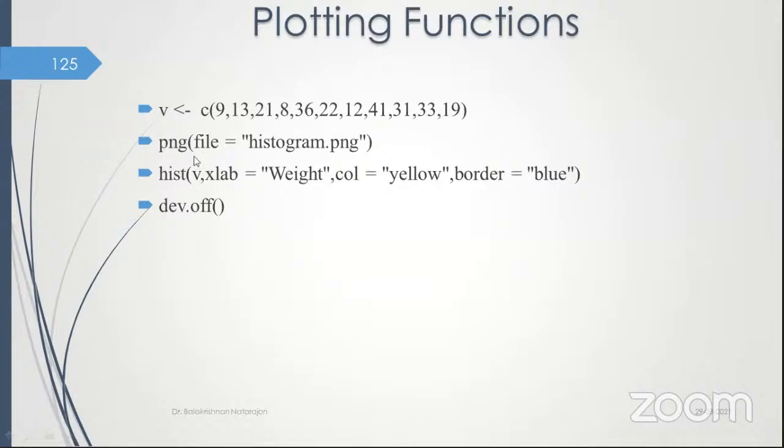I'm going to construct this histogram under the name histogram.png. So whatever I have constructed will be stored under the name histogram.png. And this one makes you confirm the construction. Upon giving this dev.off, it tells you that this particular histogram has been saved in this name.